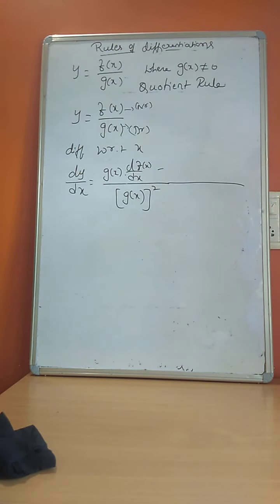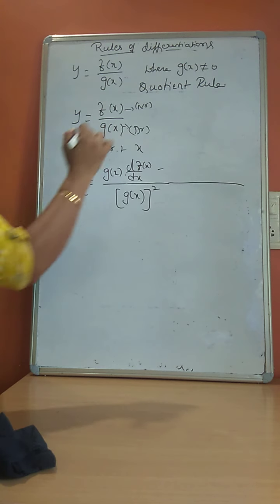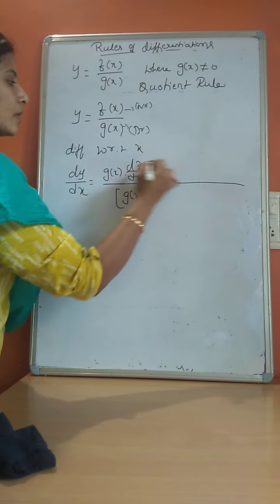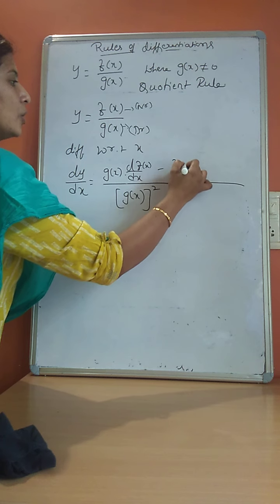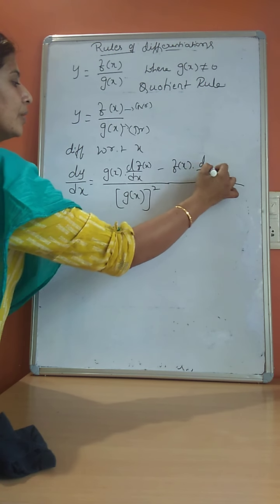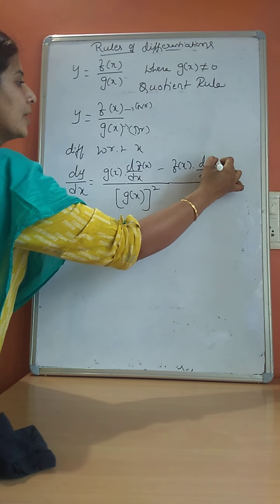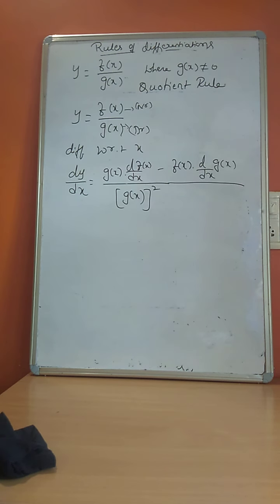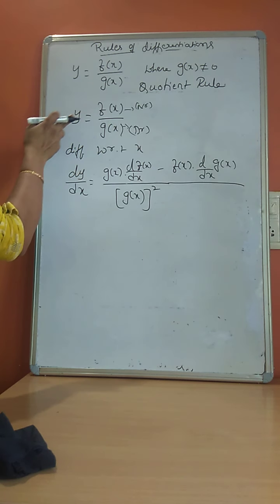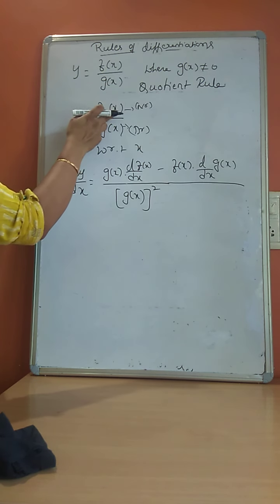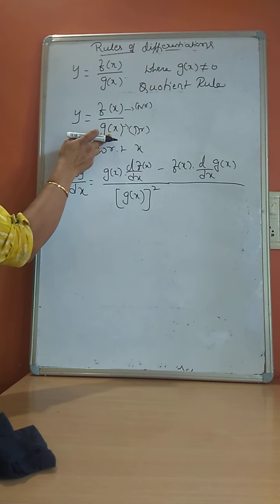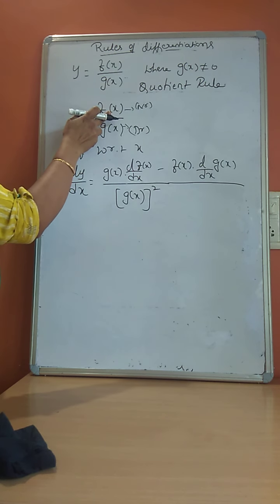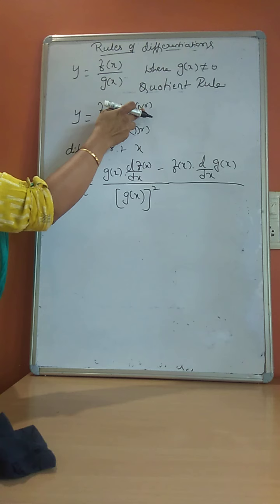Minus sign is here. Then numerator into differentiation of a denominator. Differentiation of a numerator. See, y is equal to f of x by g of x. F of x is in numerator, that's why we can write it as numerator.